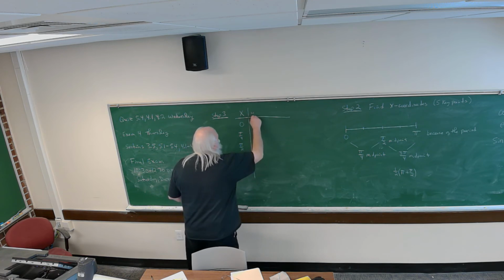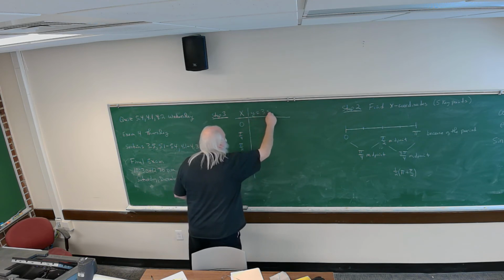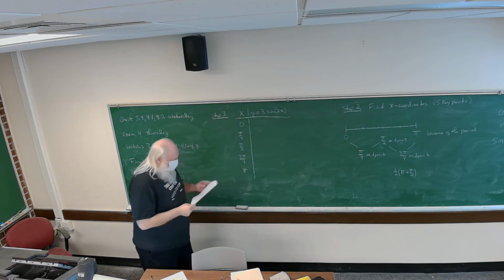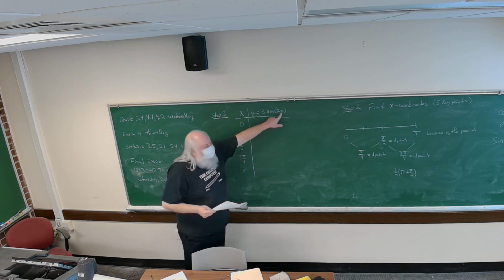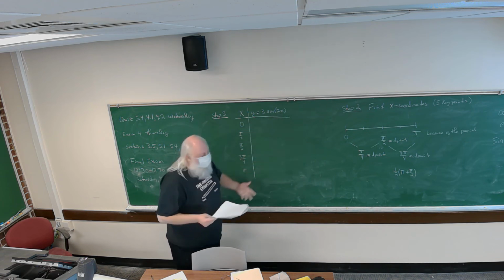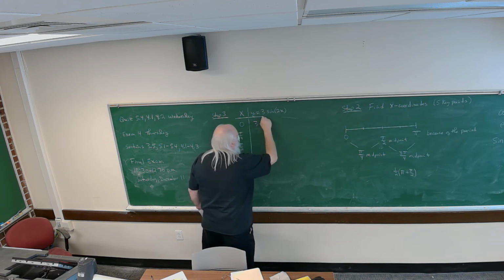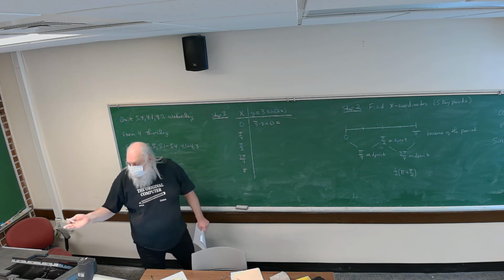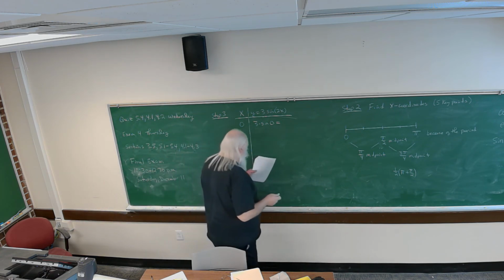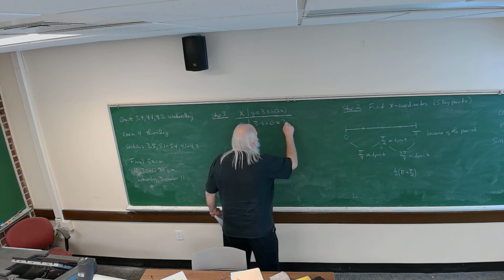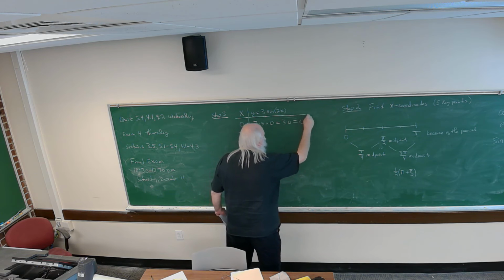And then the y values are 3 times the sine of 2x. So when we put in 0 for x, we have 2 times 0, which is 0. And so y is equal to 3 times the sine of 0. Sine of 0 is 0, so we just have 3 times 0, which is 0.